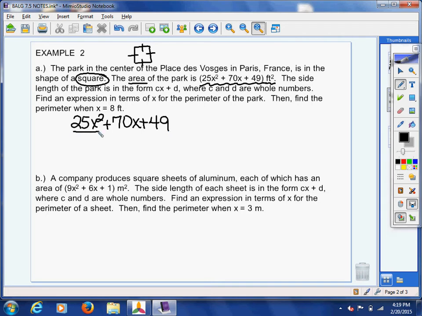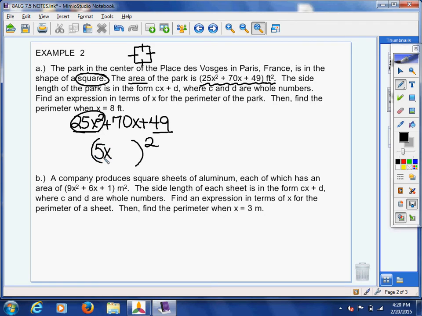25 and x squared are both perfect. 49 is perfect and 49 is positive. So it's looking really good. So we think it's going to be some quantity squared. And we have to figure out what that something is. Let's start right here with 25x squared. What did I square to get 25 and x squared?